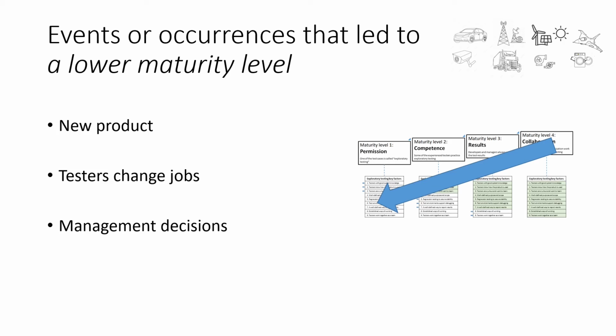Obviously, this is particularly a problem where the practice is not well established or institutionalized, but dependent on individual heroes, as it were. And finally, there is the constant threat of management decisions, where managers may perceive exploratory testing as inefficient and seek to do away with it in favor of automation.